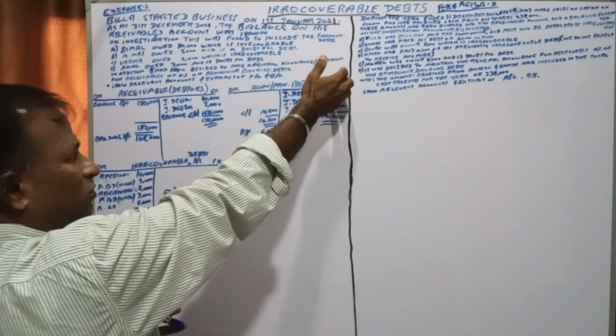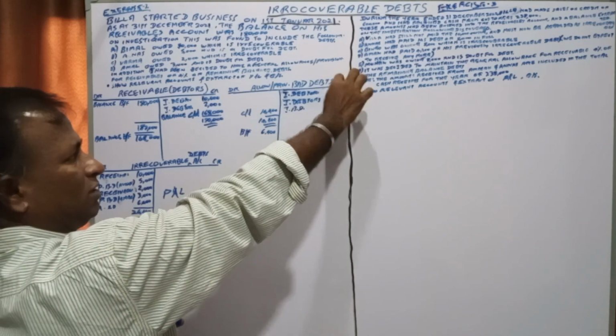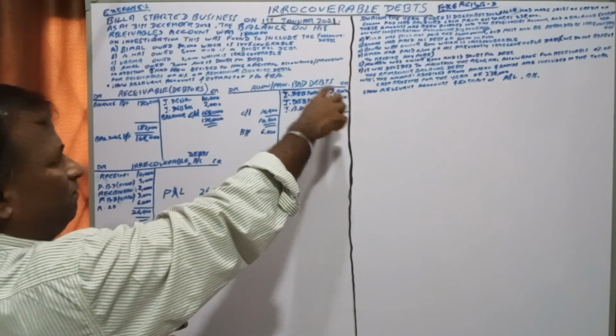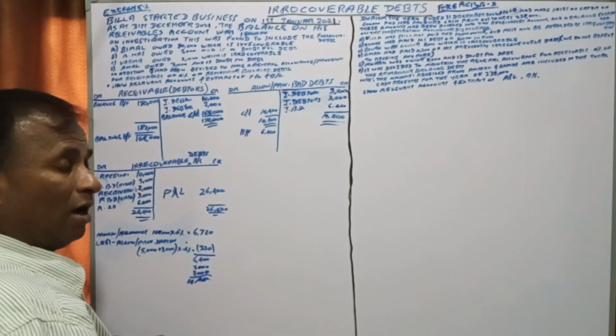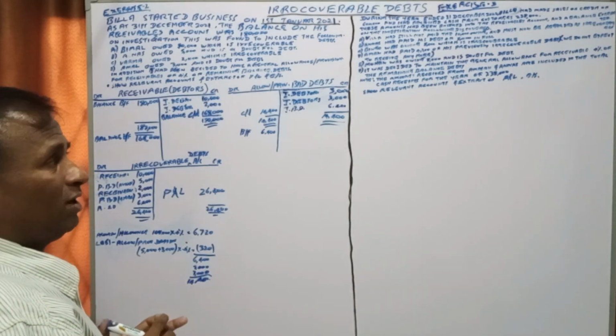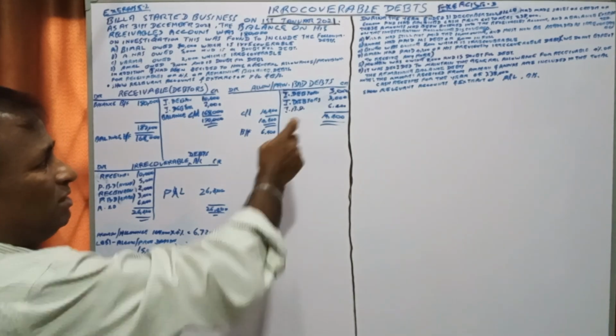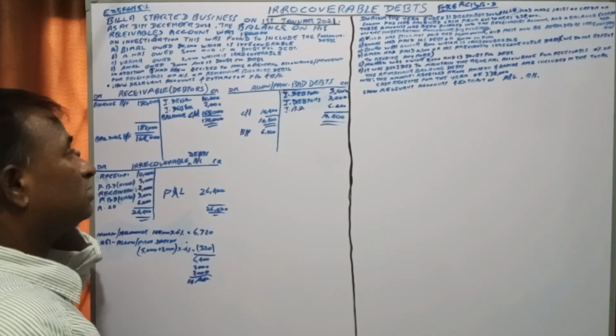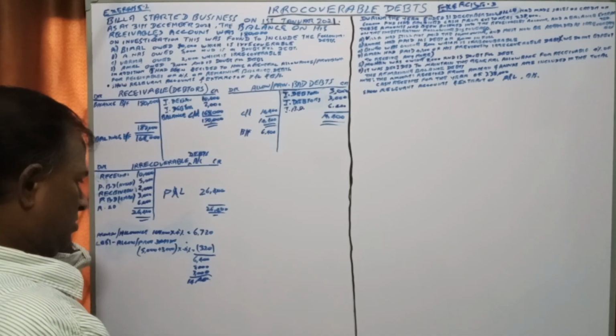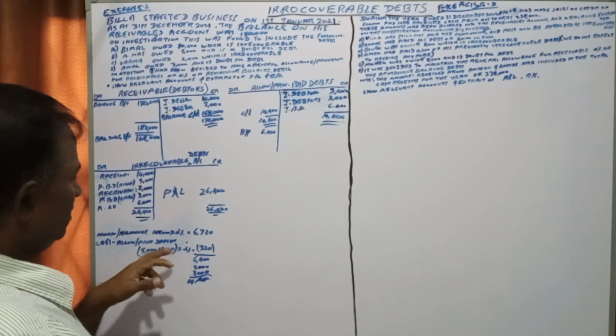Completely we cannot remove them. That's what we cannot receive, that's what we have charged directly to the provision. The whole amount we have transferred to the provision account. Other than that, we have to make a general provision, that is the general provision here, 6,400.